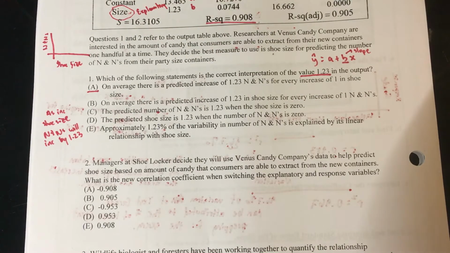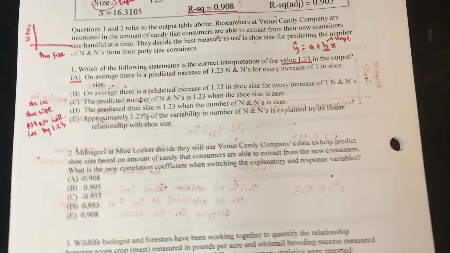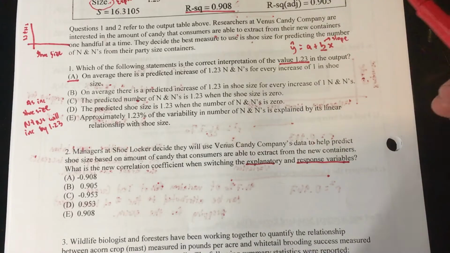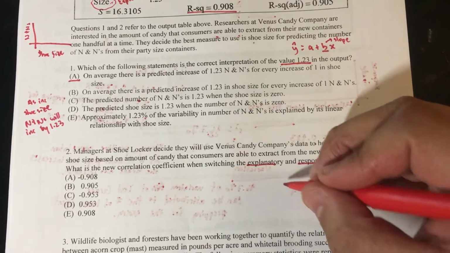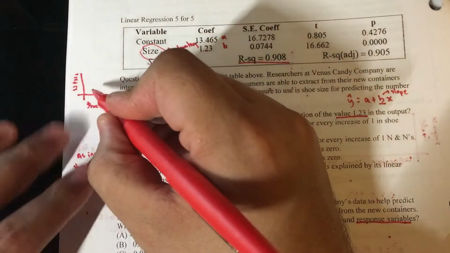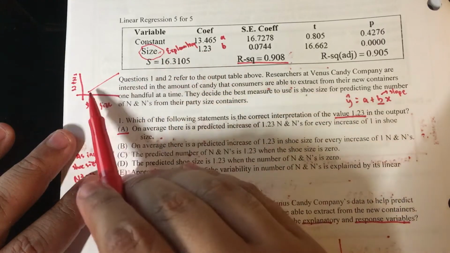So managers at Shoe Locker decide they will use Venus Candy Company data to help predict shoe size based on the amount of candy that consumers are able to extract from new containers. So what is the new correlation coefficient when switching the explanatory and the response? So, okay, we didn't really explore this a whole lot in class, but we know that it's positive because the slope is positive.